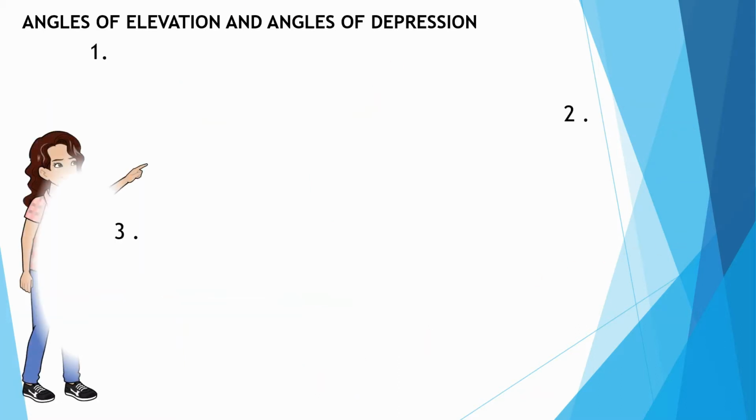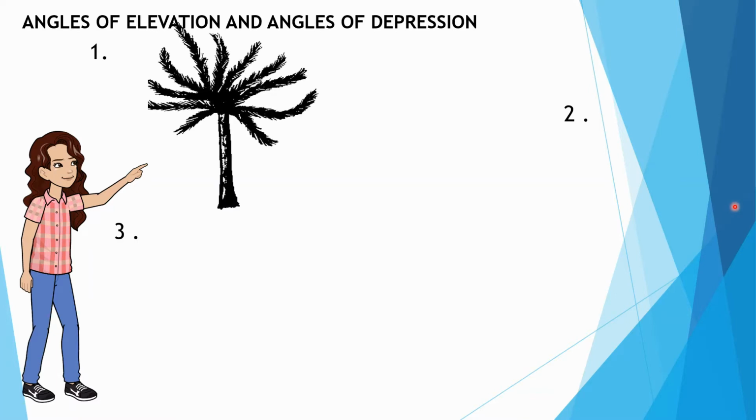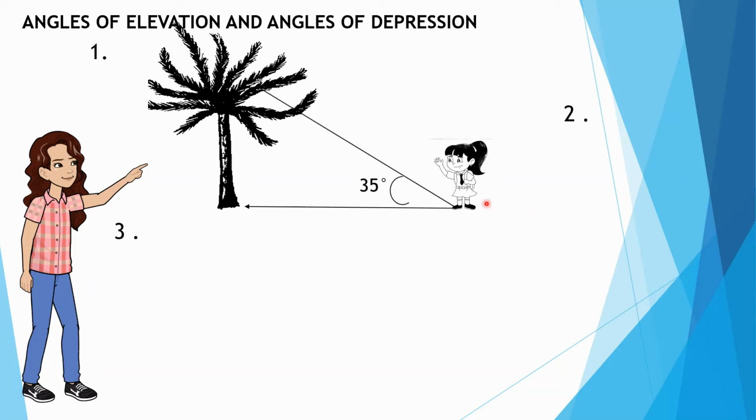Now let us give an example of angle of elevation and angle of depression. How can we know if this is the elevation or the depression? Number one, if you have a tree, then this is the eye of the observer, so you have to look above. If we have 35 degrees, is that elevation or depression? That is the angle of elevation.